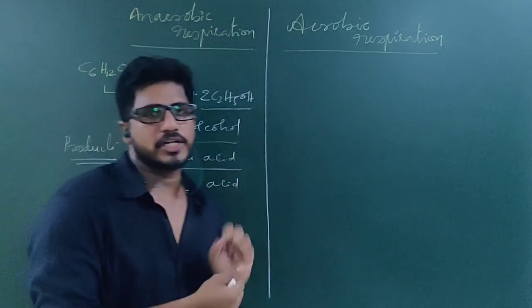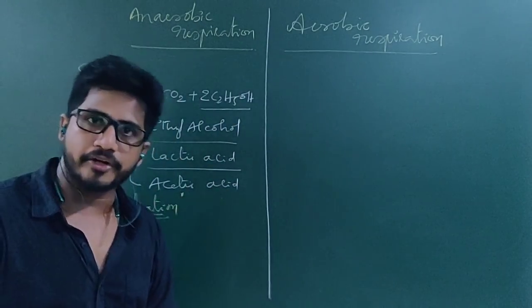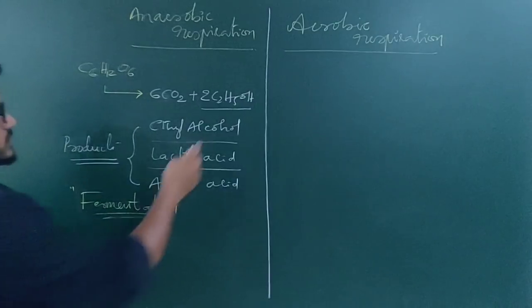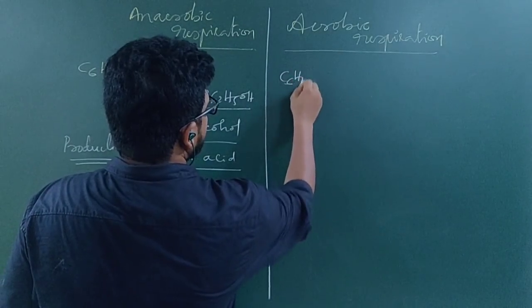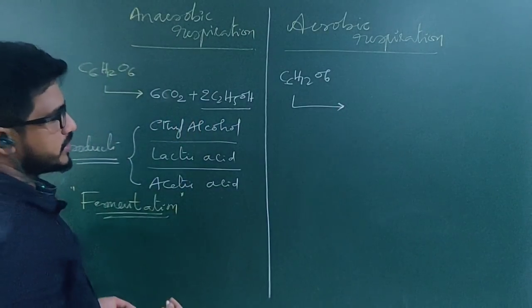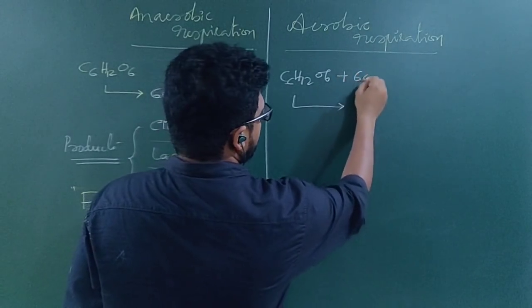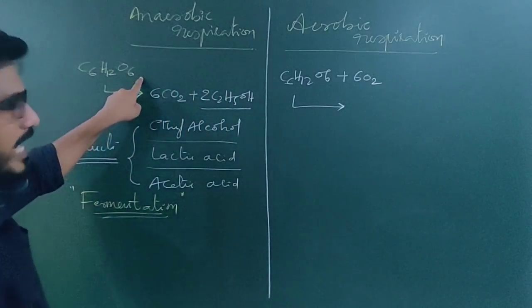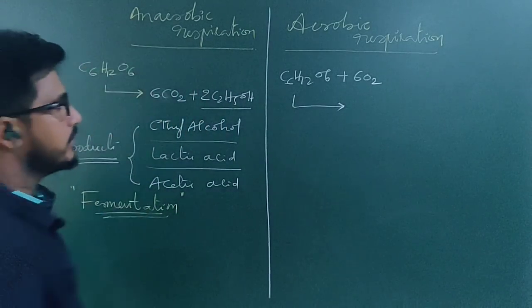Their applications are also there. Fermentation is very important in the biotechnology field. Whereas if a glucose molecule is involved in aerobic respiration, what is required? Oxygen is required, which is absent in anaerobic respiration.